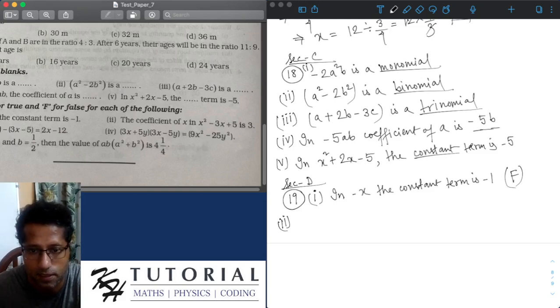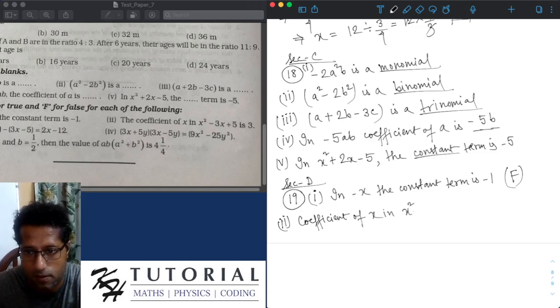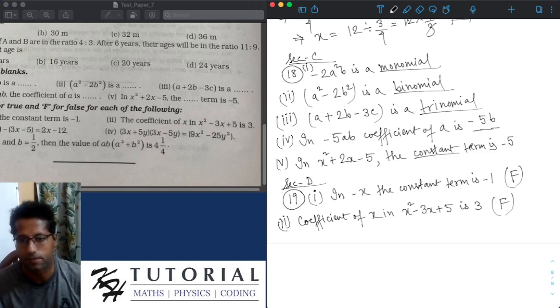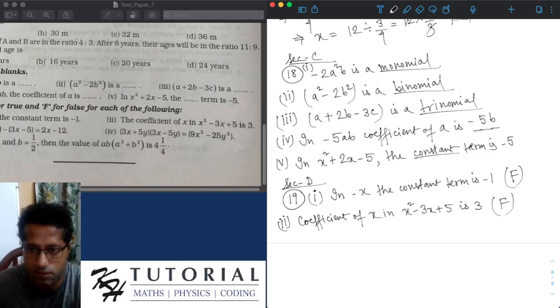It is saying that the coefficient of x in the algebraic expression x square minus 3x plus 5 is 3. This is false because in the algebraic expression x square minus 3x plus 5, which is the term that has x? That is the term minus 3x.